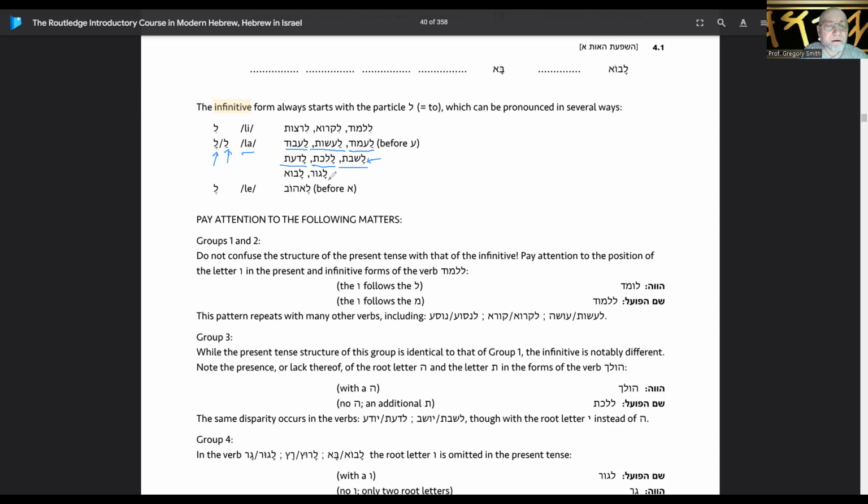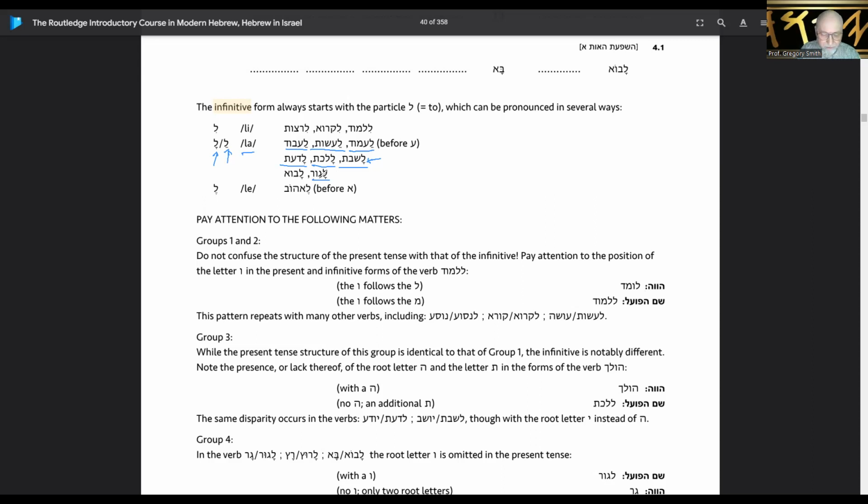Then lagur means to dwell or to reside, I believe. Yeah, to live. לגור, lagur. You barely hear the R sound.